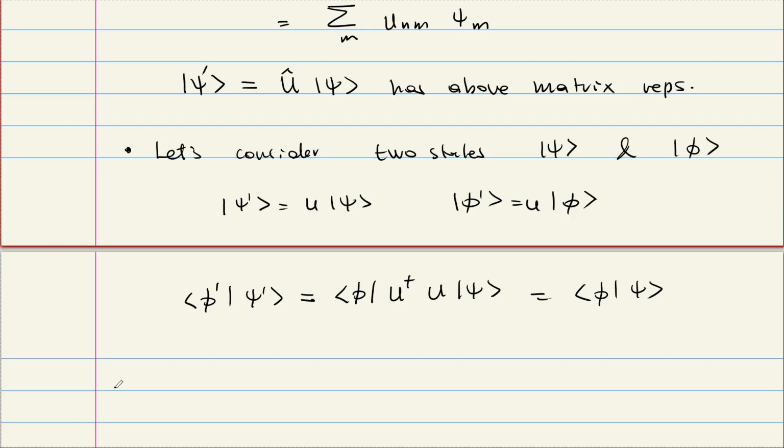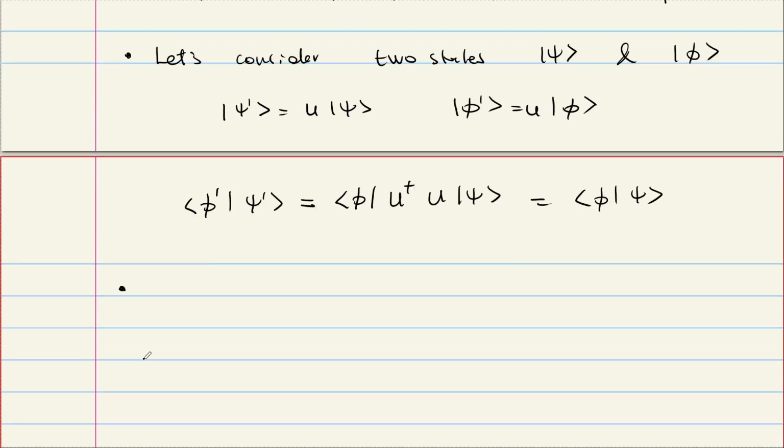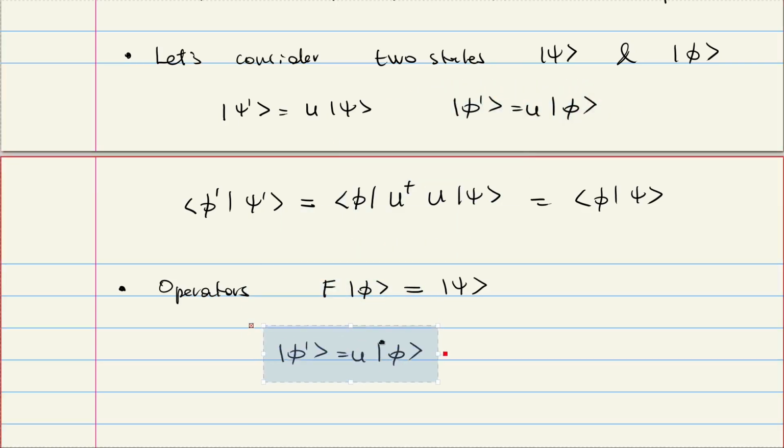Good. Let me also think about operators. What we said is that f acts on a state psi and it gives us another state. So this is a typical equation in the Hilbert space. Let's take this and multiply both sides with u to the minus 1. u minus 1 u is 1, so I'm going to write it like this.